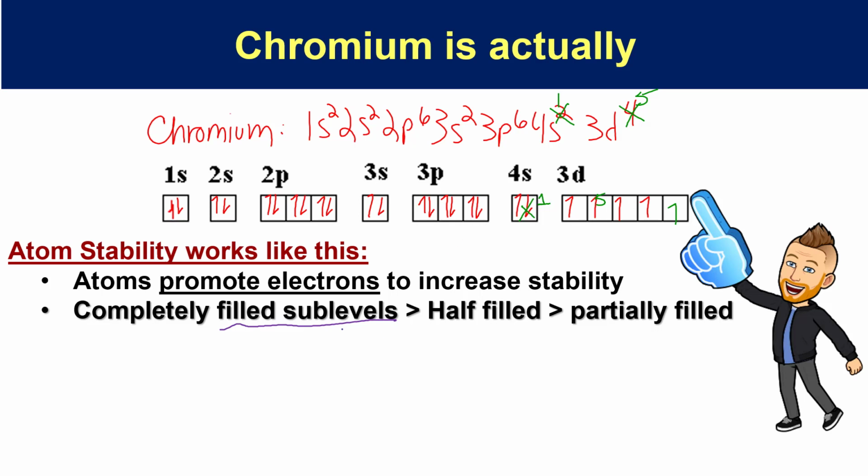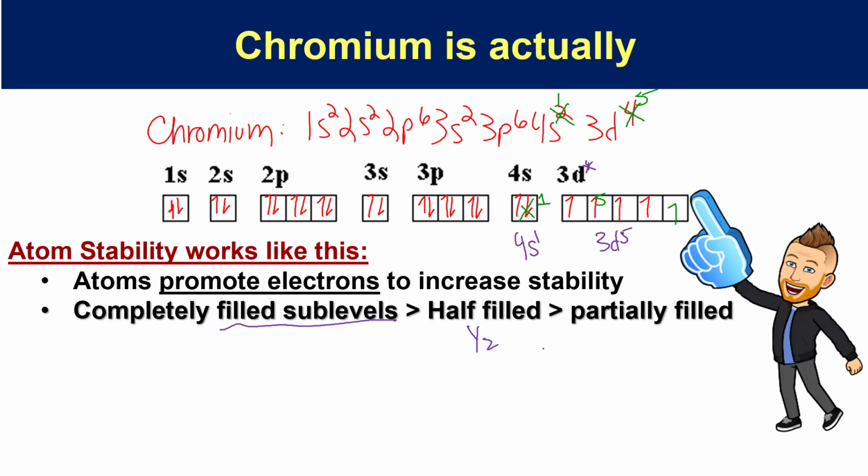And if you can't have a completely filled sublevel, the next most stable configuration is a half-filled sublevel. In this case, by making this a 4s1, we are half-filling this. And now we are promoting the electron to 3d, which used to be 3d4, but now is 3d5, which is another half-filled sublevel.